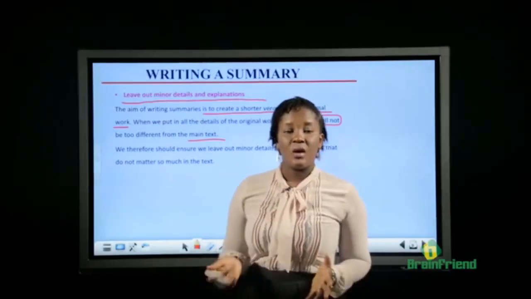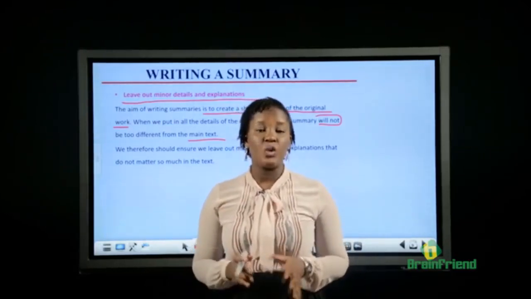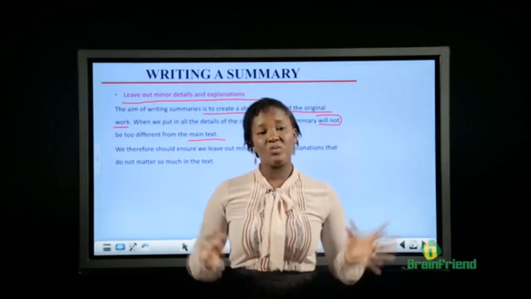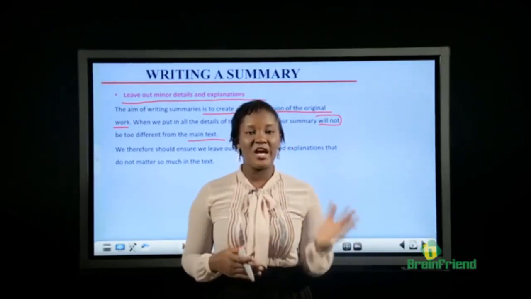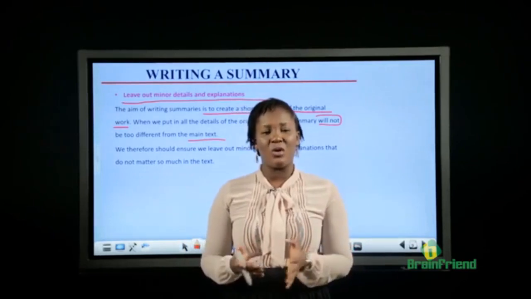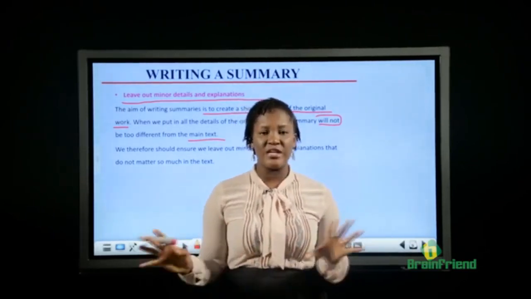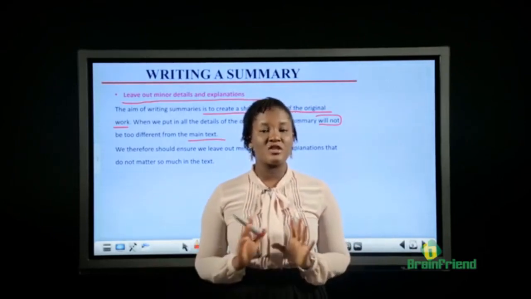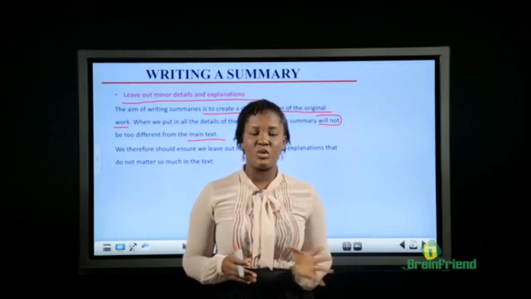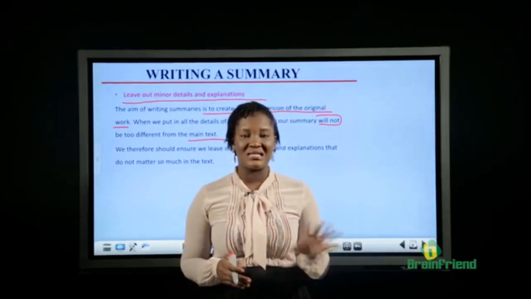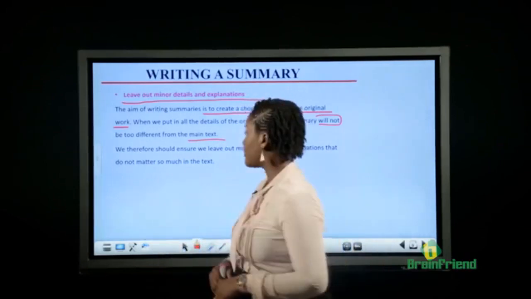So you see, when we add the minor details or the explanations that we found in the original work, you find out that the main work is still almost the same as the summary. So there's really no difference. And that is not the essence of writing summaries. So leave out those explanations and all those details that would make the work look long.